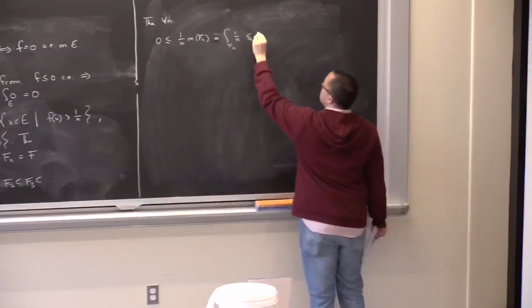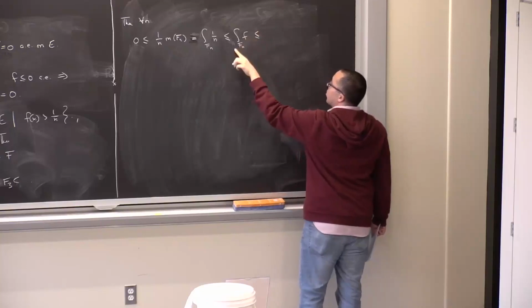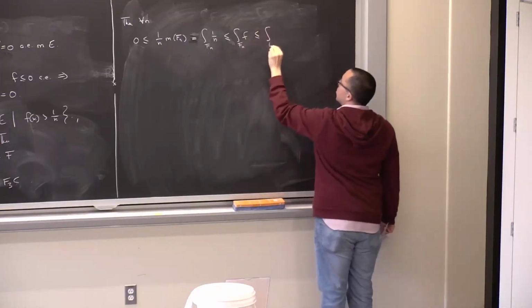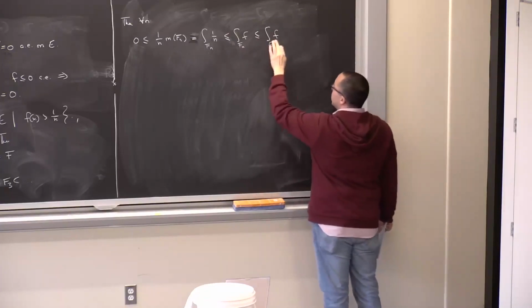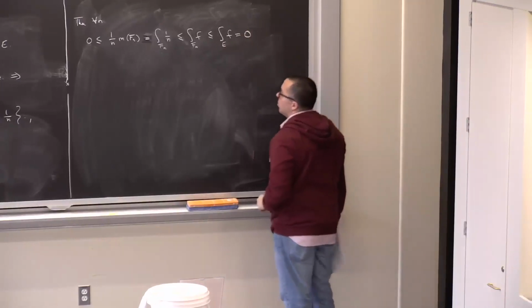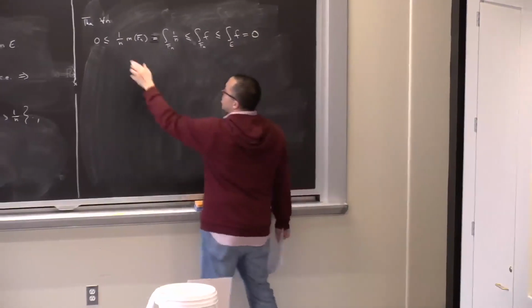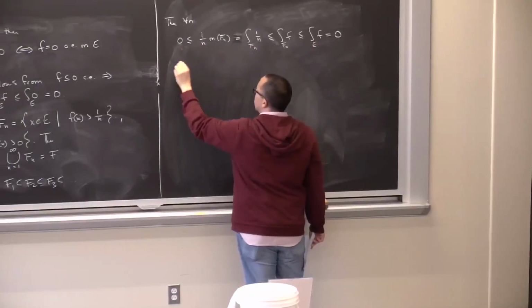So this is less than or equal to the integral over F_n of f. And F_n is a subset of E, so this is less than or equal to the integral over E of f. But by assumption, this is 0. And sandwiched in between 0 and 0 is 1 over n times the measure of F_n.